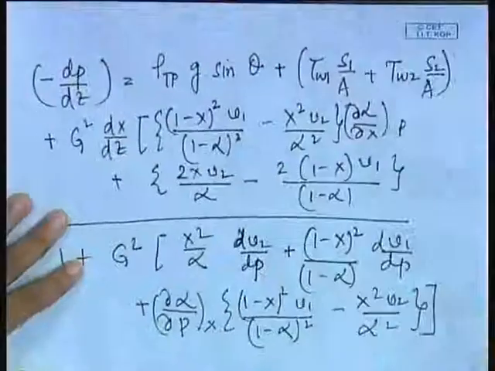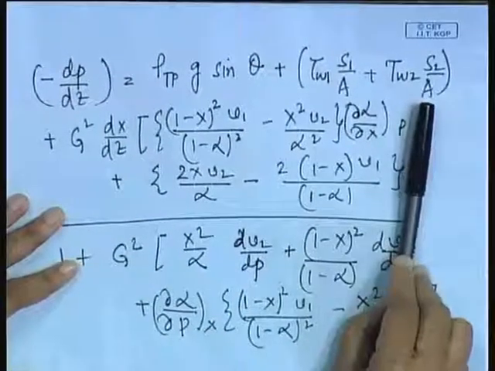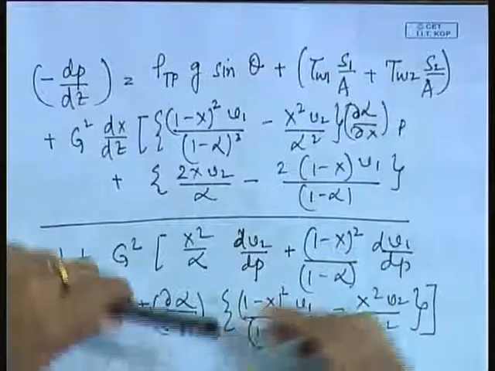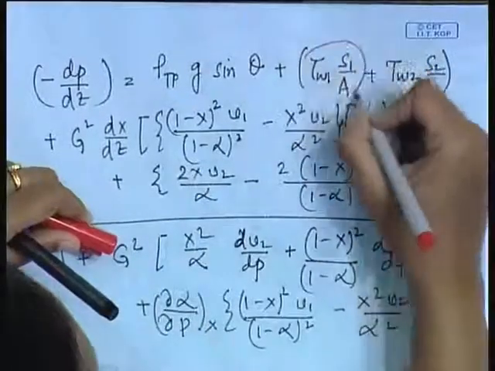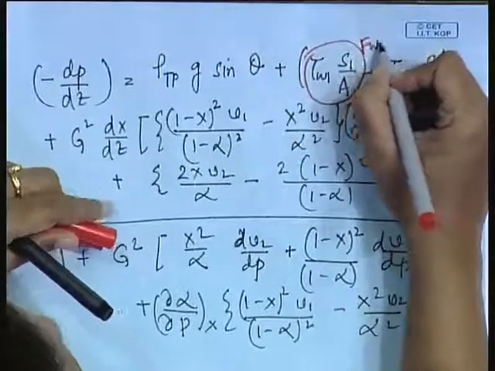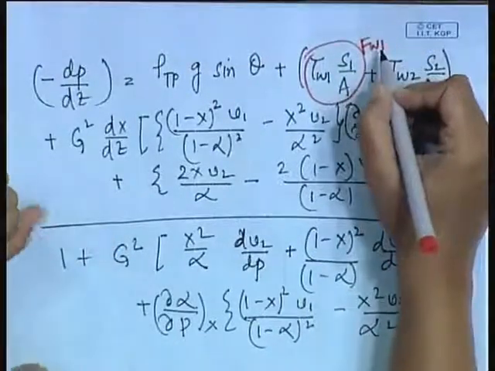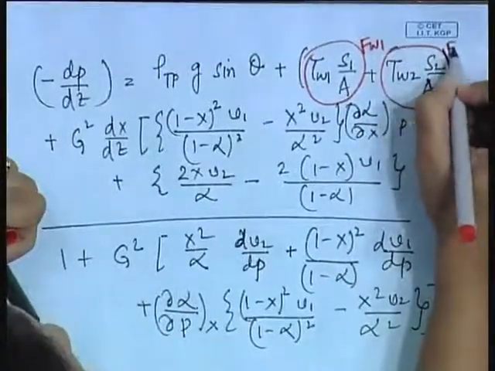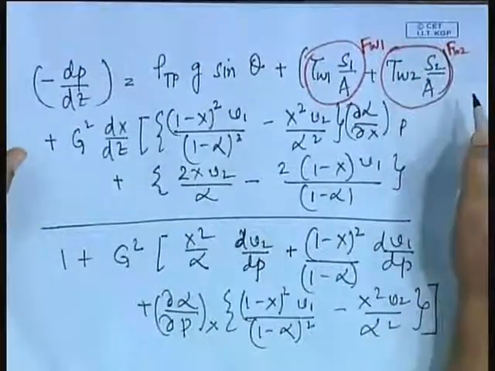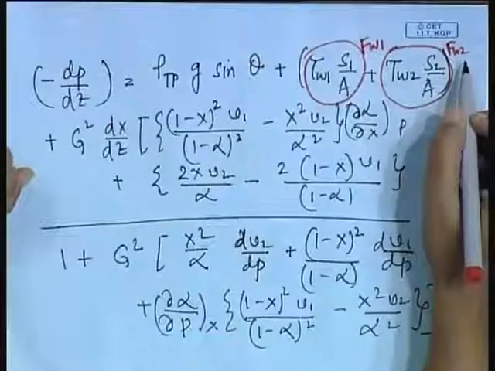Now, in this case also we find that the frictional pressure gradient is an additional problem. Basically, this can be written down as something like FW1, which is the interaction of phase 1 with the wall. This can be written down as FW2, which is the interaction of phase 2 with the wall.